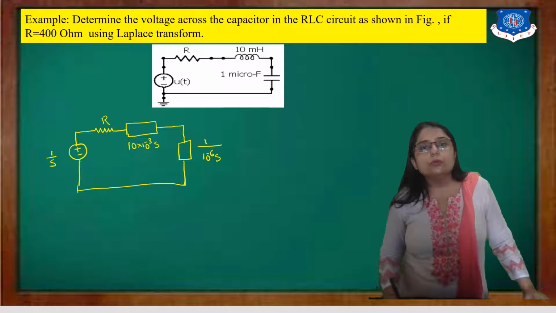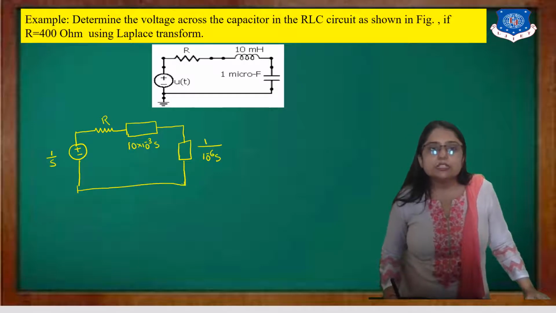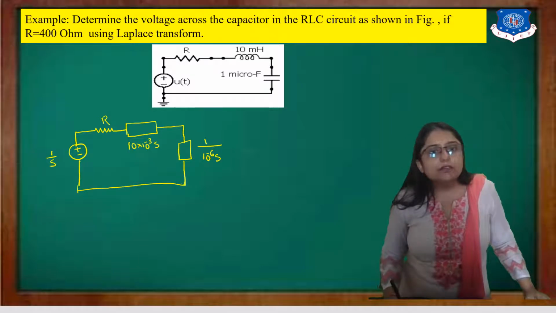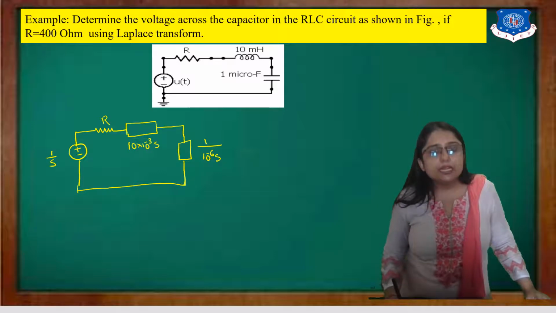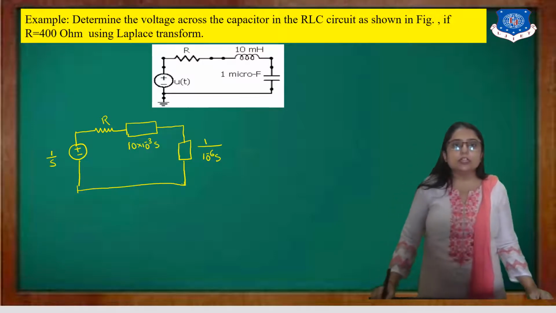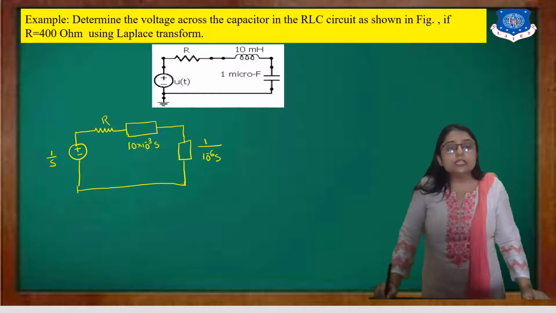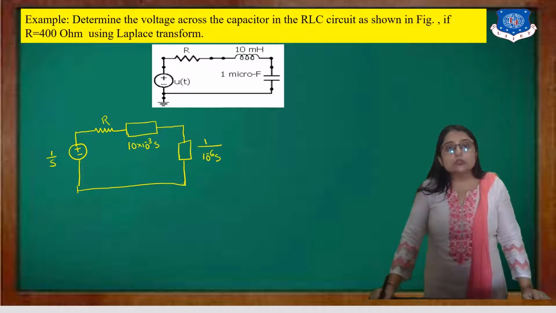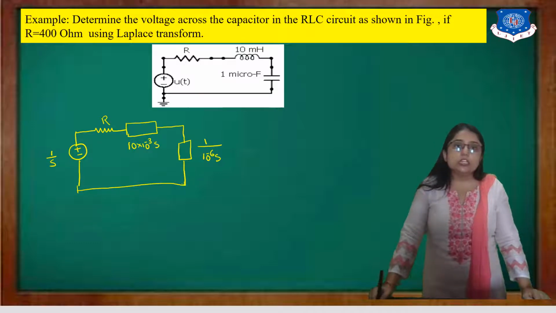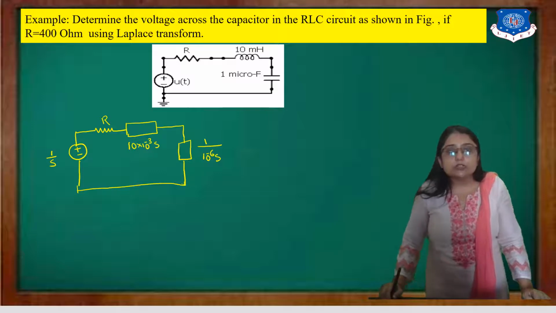Similarly, when we draw the capacitor in the S domain, we have a series voltage source, plus minus, and the value of that voltage source is Vc0 plus divided by s. But as such there is no switching condition, so the initial voltage across the capacitor is 0.